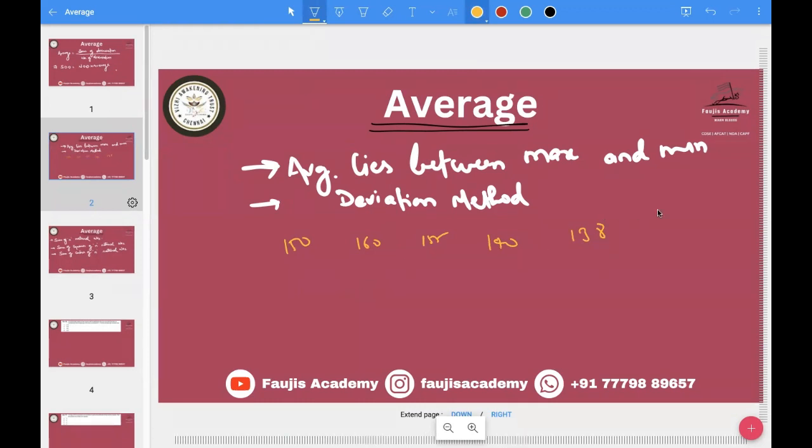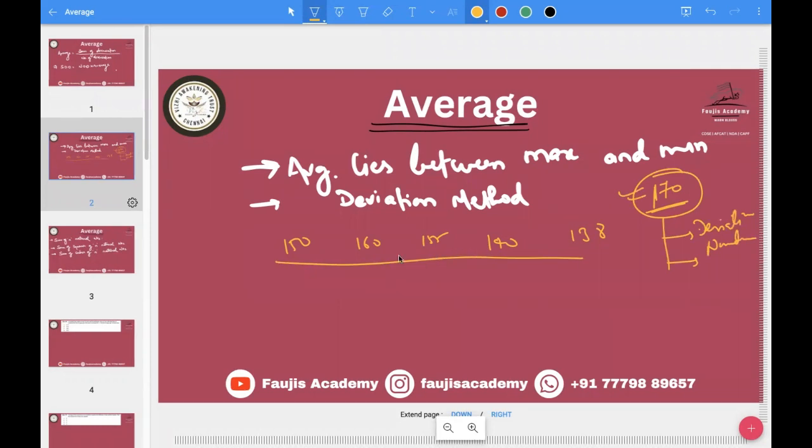You can assume 1. Can we assume 170? You can assume it, but for sure this is wrong, and this will be corrected by finding out all the deviations and then normalizing it. 170 is for sure the wrong answer. This is not the average for this.